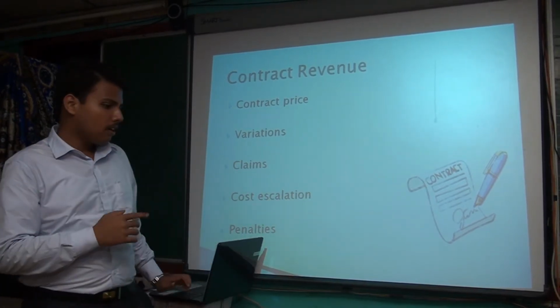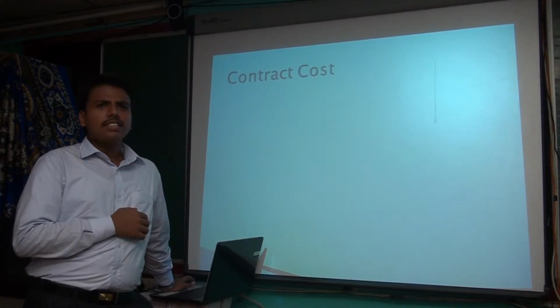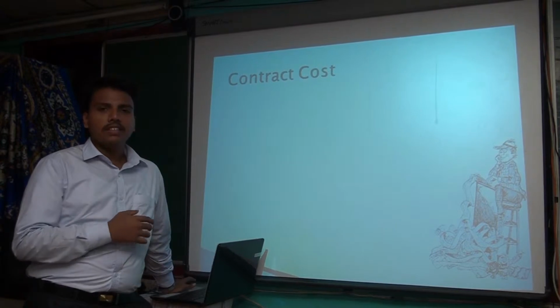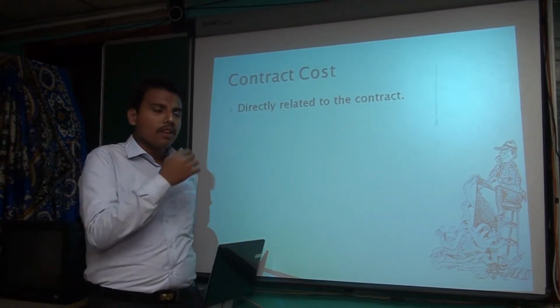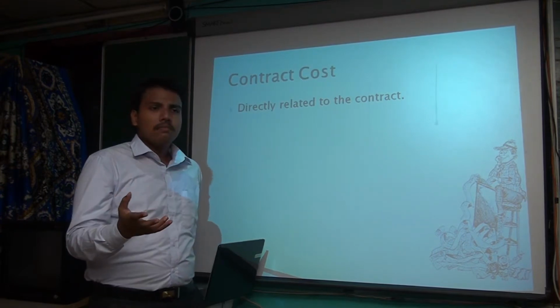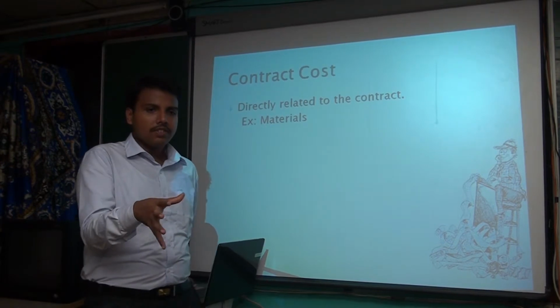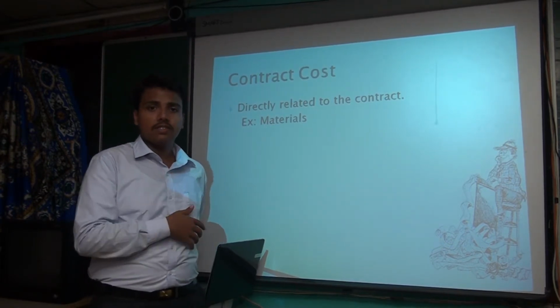Now let us see what comprises contract costs. There are three types of contract costs, like in any other cost. The first one is the direct costs that are directly related to the construction contract. For example, materials. There is a construction contract A for which we use some materials. So this is a cost directly related to the contract.